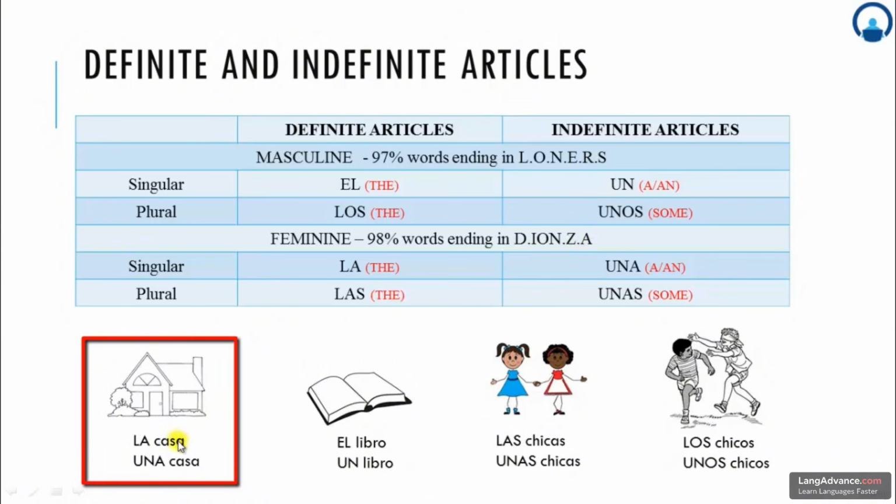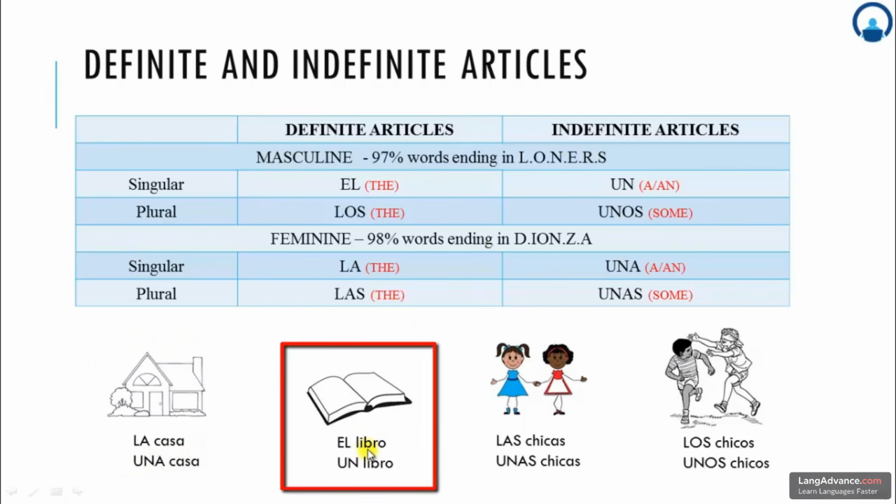So, casa is a feminine word. And that's why while using the definite or indefinite articles, we use the feminine part. Since it is singular, we'll use the singular feminine, the indefinite and definite article. So it becomes la casa and una casa. That means the house or a house.